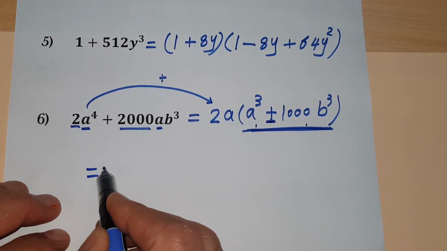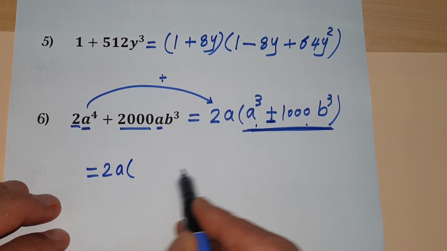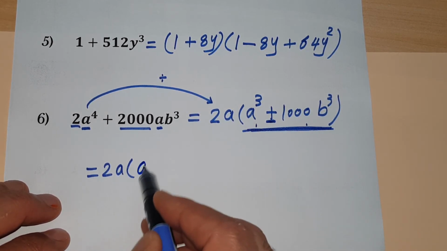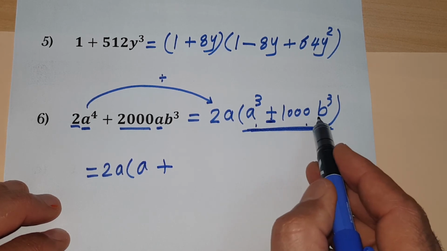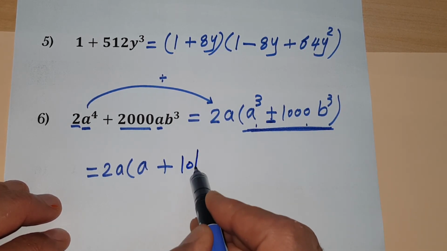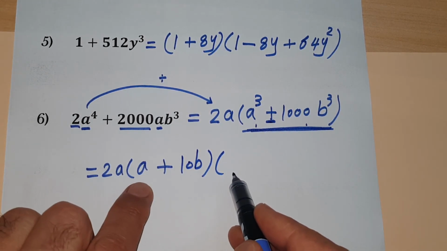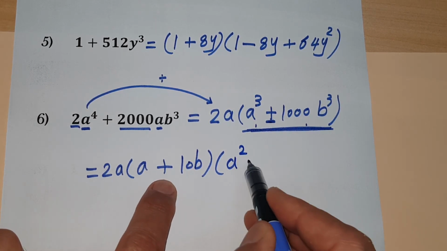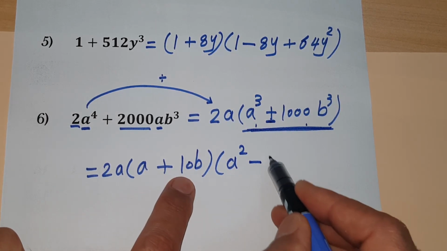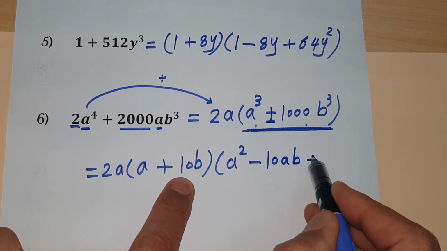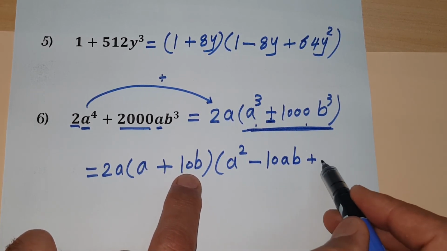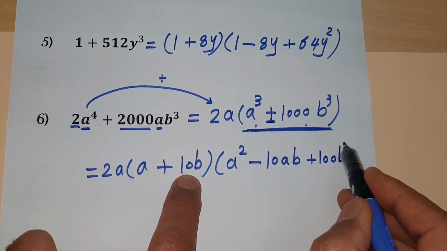So you have to continue solving. Write 2a again, and take the cube root of this expression, a, plus the cube root of 1000b cubed is 10b, times, as I told you, the square of this, a squared, the opposite of this sign, minus, a times 10b is 10ab, and finally the square of 10b is 100b squared.